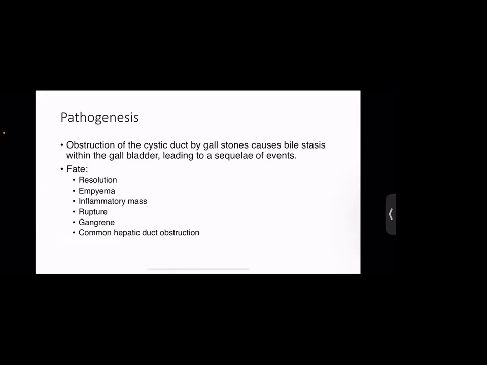Like I mentioned in the previous slide, it can be asymptomatic, it can resolve, there is empyema formation, and an inflammatory mass can form. Rarely, it can rupture, it can be gangrenous, and there is common hepatic duct obstruction.